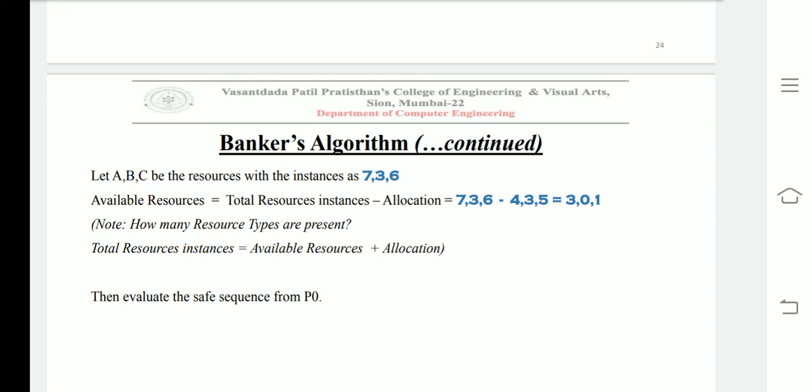For example, in the exam you may be asked how many resource types are present. You can use the simple formula: total resource instances equals available resources plus allocation.